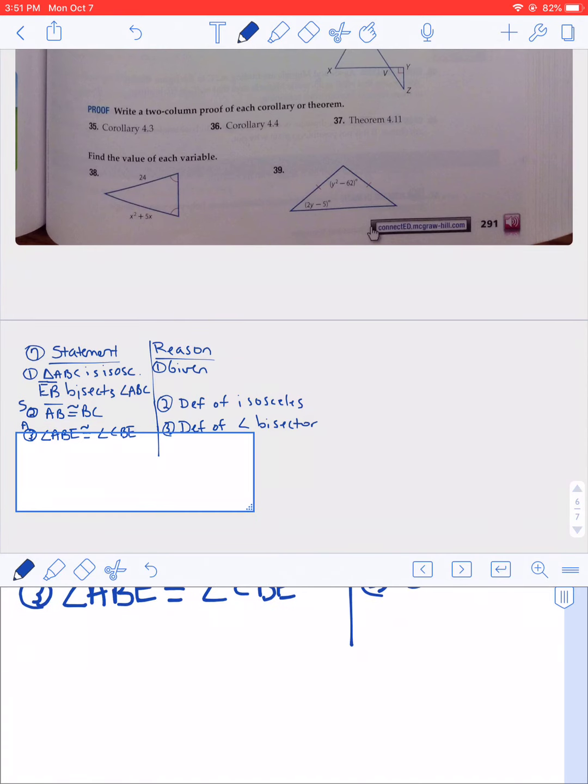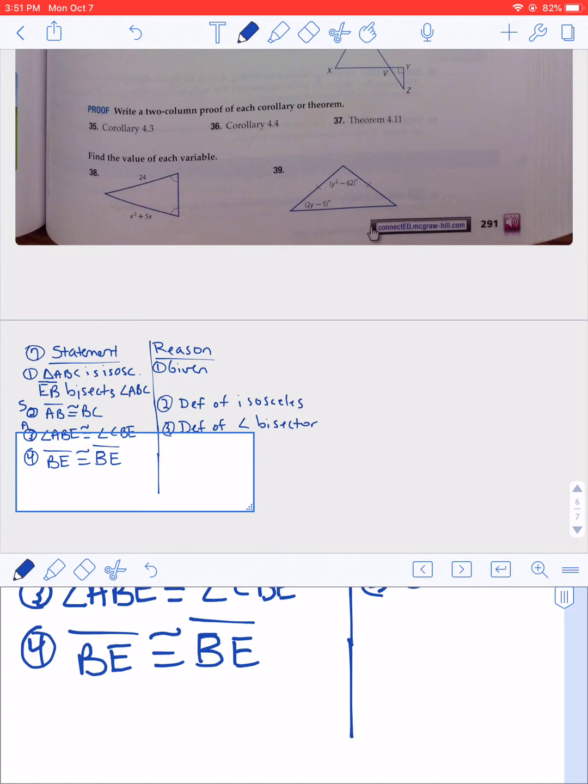Now we got to confirm a third side in each triangle that's congruent. And that is BE itself. BE is congruent to BE, and that is our third side for both of our triangles. They share the same. So again, when we're just stating something is equal to itself, we're just establishing that BE is one and the same.